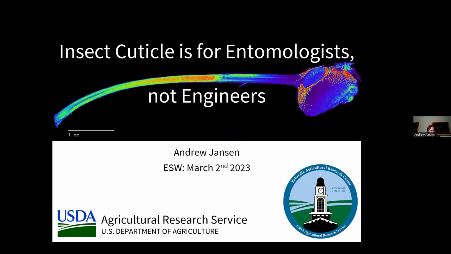Talks where somebody had done some kind of mechanical experiment on a piece of cuticle or a special cuticular structure in an arthropod and then presented the results of these mechanical tests, or they were studying the development of the cuticle and presenting genetics, basically developmental pathways that they had worked on.